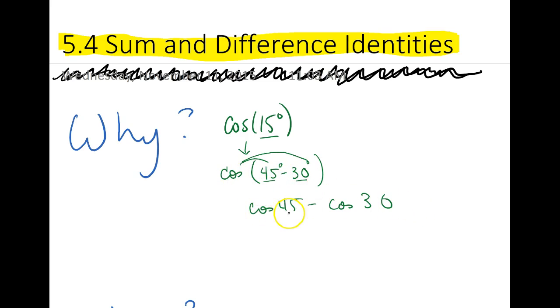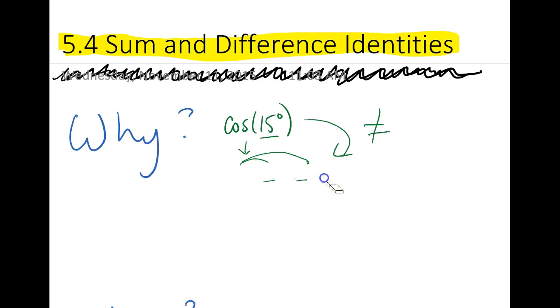Oh, the cosine of 45 is root 2 over 2, and the cosine of 30, remember your unit circle, what would that be, root 3 over 2, and they'd be like, oh, I finished. Okay, no, this does not equal that.